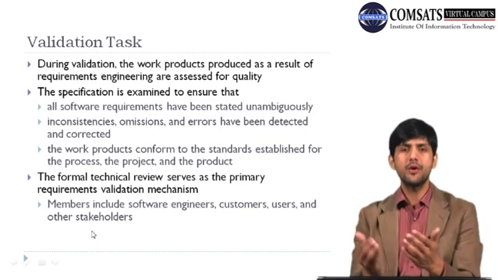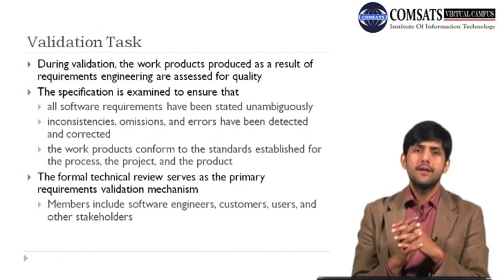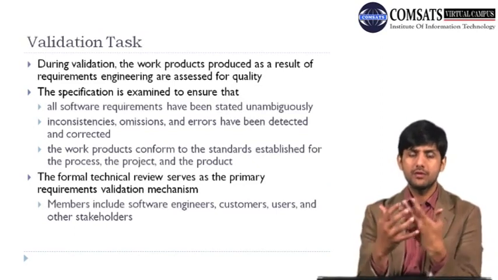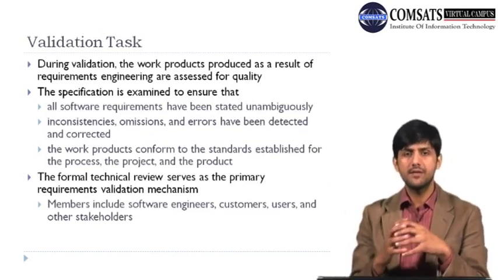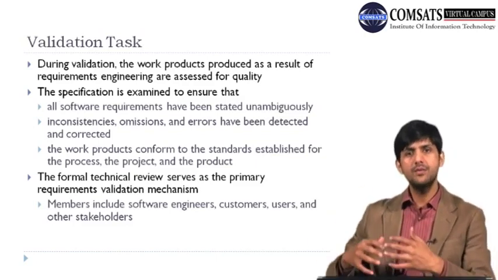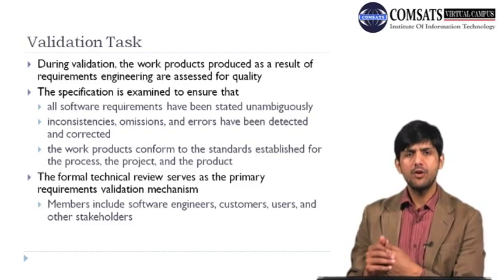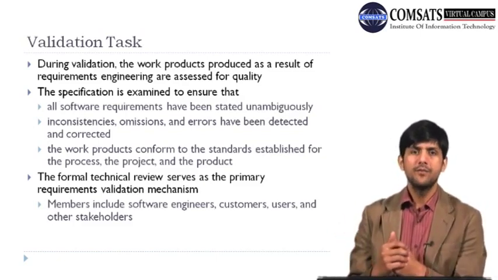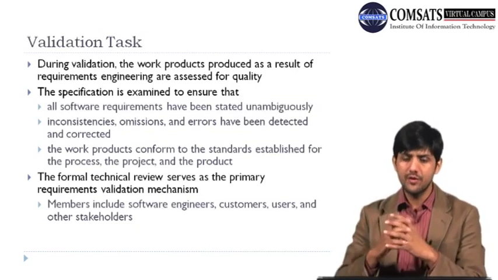So now we have a written document, and we have gone through the negotiation task where we thought that we have resolved all the conflicts, and we are at a stage to specify requirements, and then we specified requirements. We not only specified requirements, we identified all the internal and external interfaces, we specified everything to do with the software.